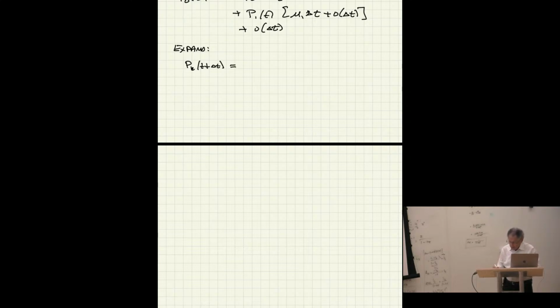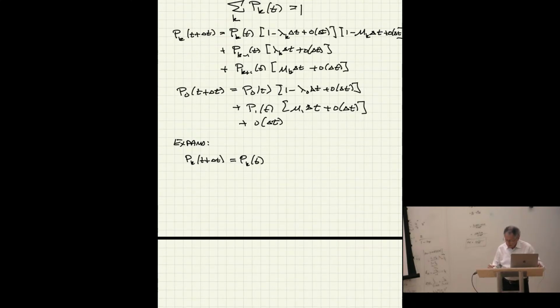Expanding that first term, I'm going to get pk of t times 1. That's this term here. This times that. That 1 times that 1. Minus lambda k plus mu k times delta t pk of t.